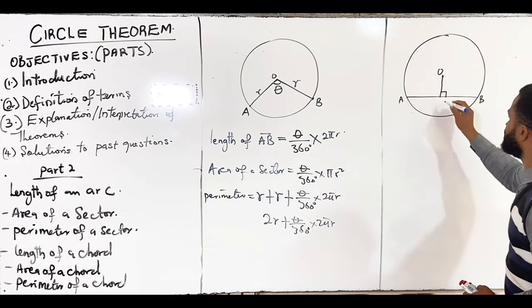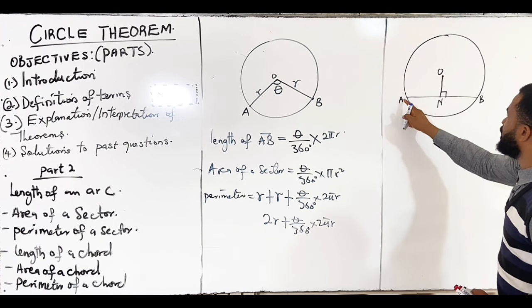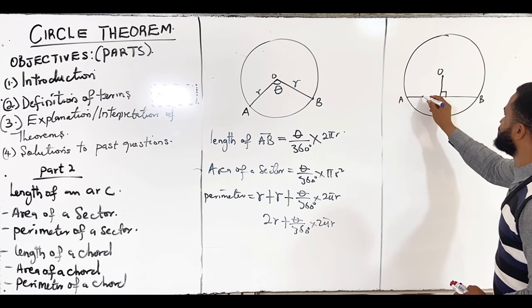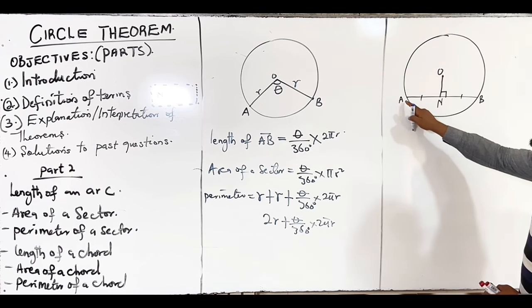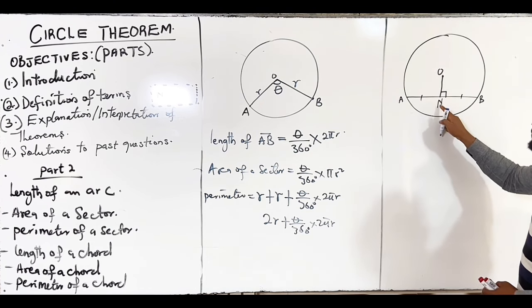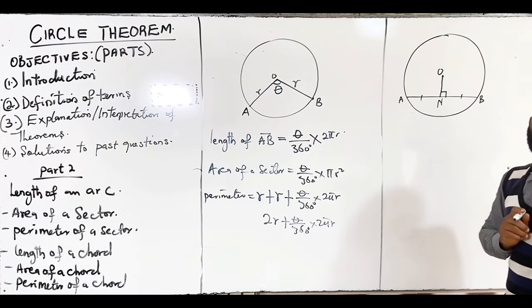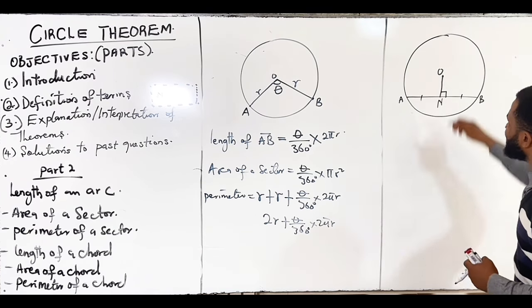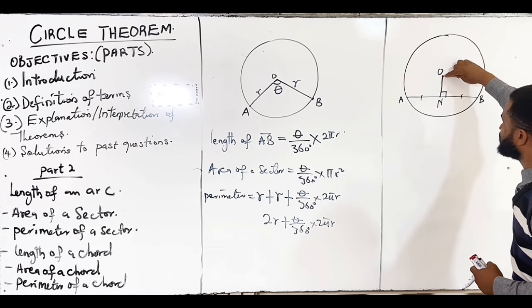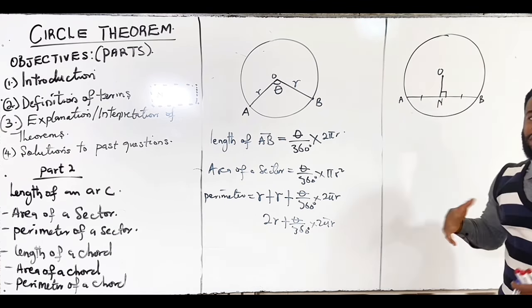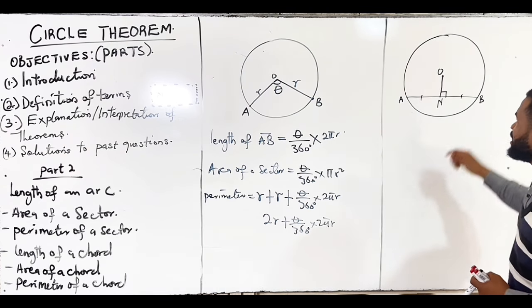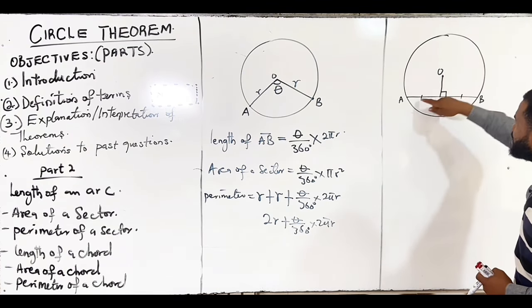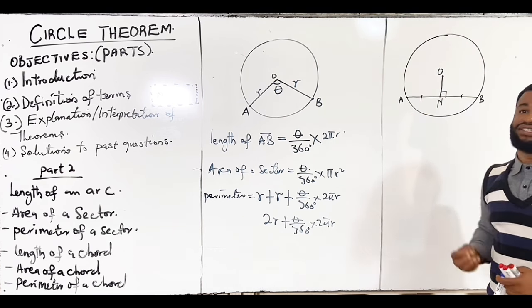That means if I call this place N, AN must be the same thing as NB. So if from here to here is 10 cm, then from here to here is also going to be 10 cm. Because they say that that line that comes from the center of the circle will divide any chord it sees into 2 equal parts, and then will also meet that particular chord at angle 90 degrees.